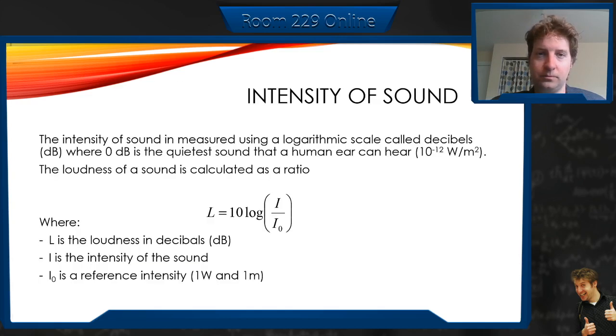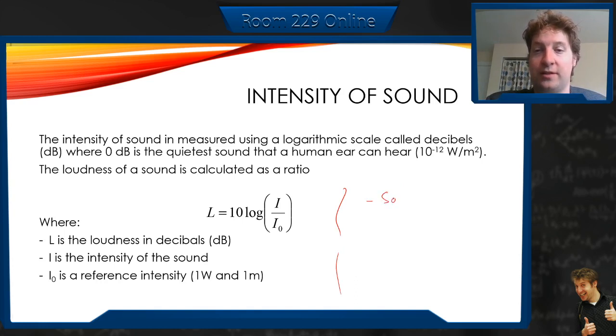Now, the other thing we want to talk about is the intensity of sound. The intensity of sound is basically how loud the sound is. Before we even talk about the decibel scale, there are 2 major features that define how loud something is.